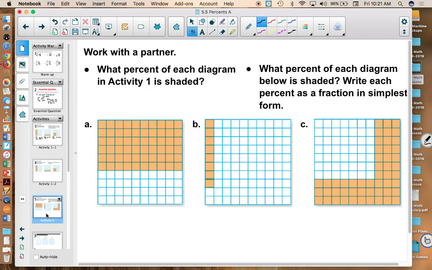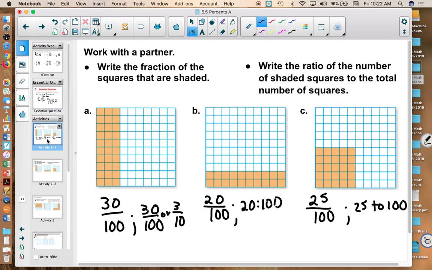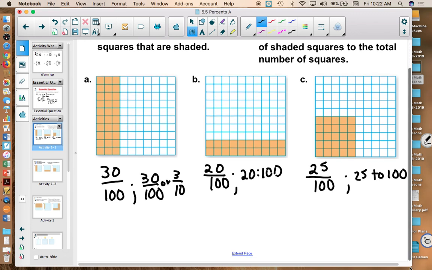Now, what percent of each diagram in activity 1 is shaded? I'm going back up here. Actually, I'm going to go right here, because this is where we did all of our work. What percent of A is shaded? Well, I can tell you right now it is 30%.